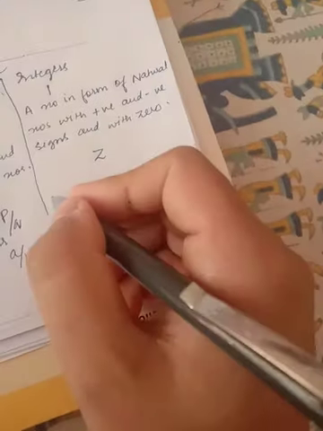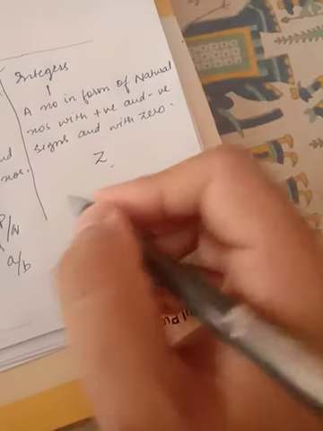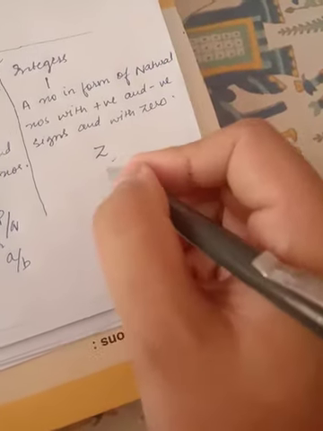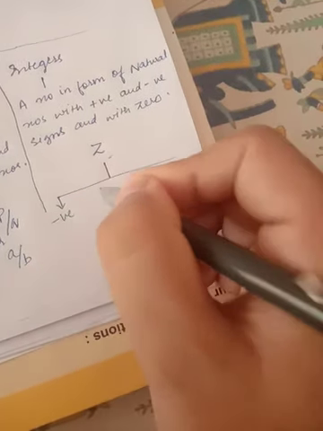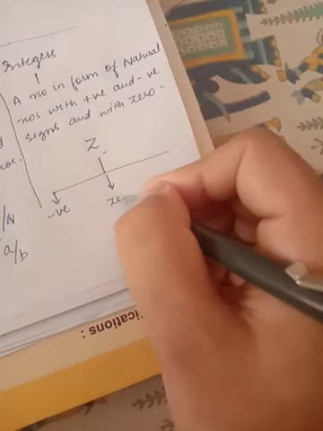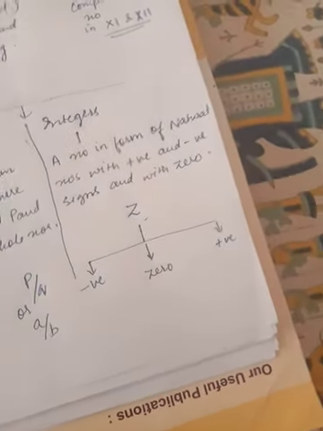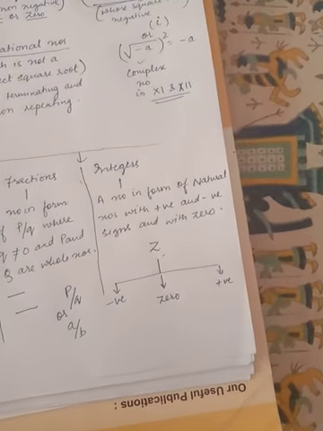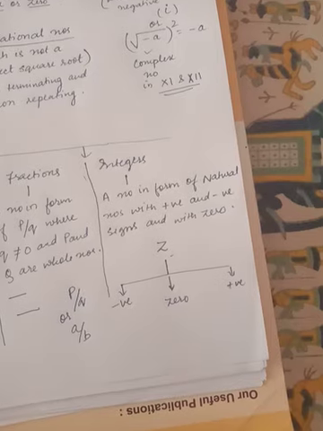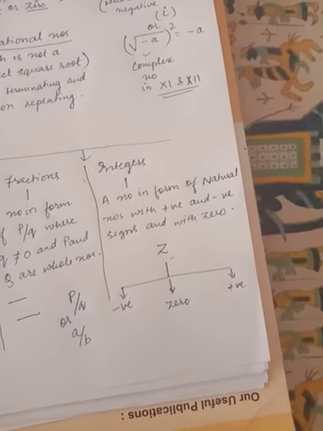The next point is that integers have three types: negative, 0 and positive. In the number line, the left-hand side is always denoted with negative signs.